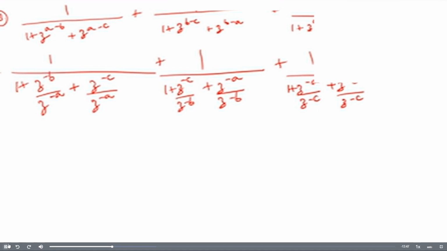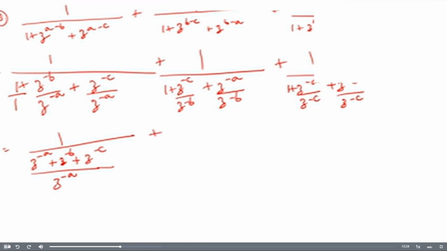Now this we can write as 1 by, take LCM z to the power minus a. This is 1 by 1. 1 into z to the power minus a is z to the power minus a. So z to the power minus a plus z to the power minus b plus z to the power minus c. Similarly, 1 by, this is 1 by 1.